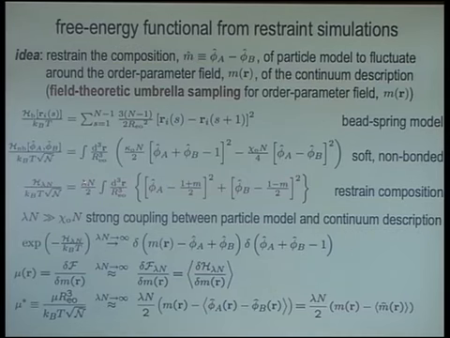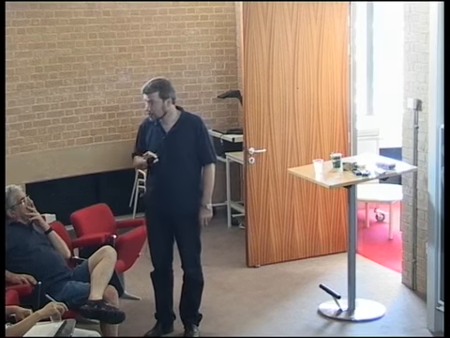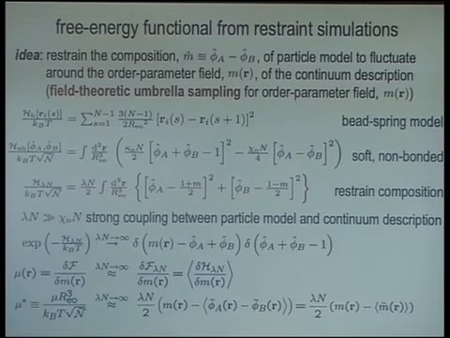And the strength of that quadratic or harmonic potential is given by lambda n. And the assumption is lambda n is much stronger than all other interactions in your system. So you basically restrain fluctuations of the microscopic composition away from the value of the order parameter. And you do this for A and for B.